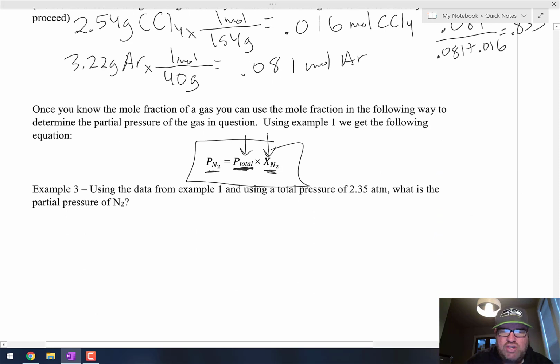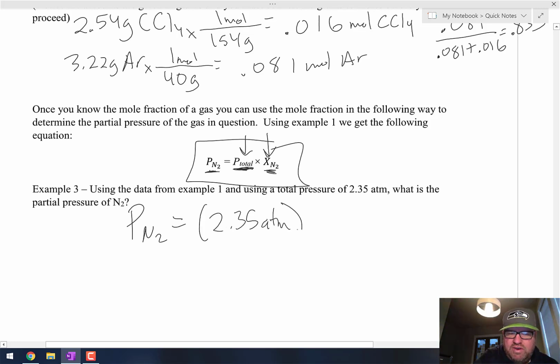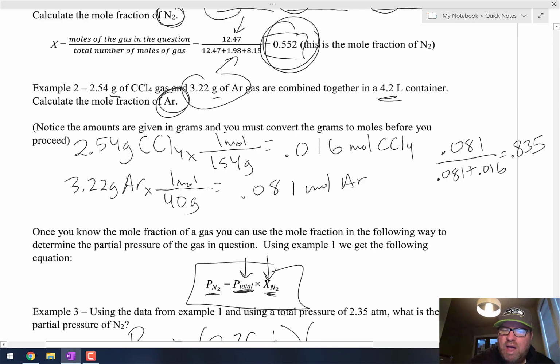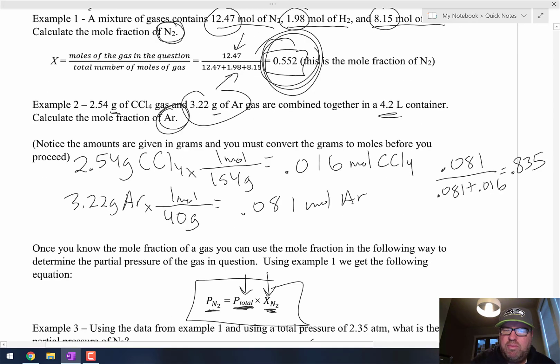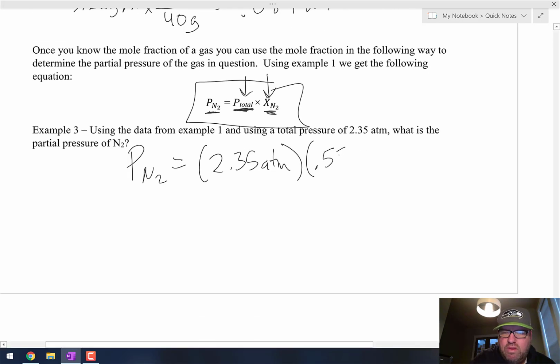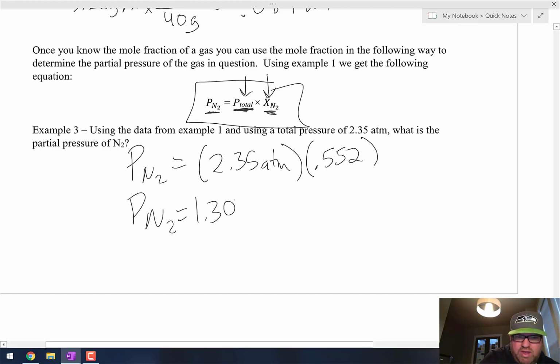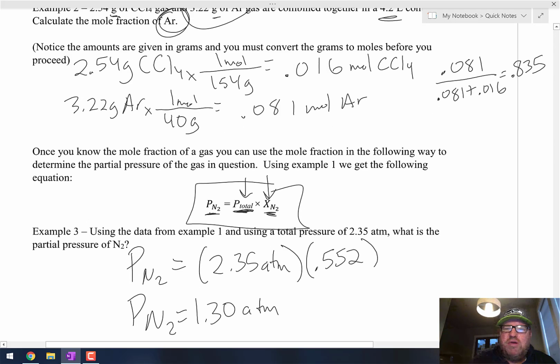So if we want the pressure of the nitrogen using that mole fraction, the total pressure is 2.35 atmospheres, and we're going to multiply that by our mole fraction, the 0.552. Okay, and when we do that, 2.35 times 0.552, we get the pressure of nitrogen in that container is equal to 1.30 atmospheres.